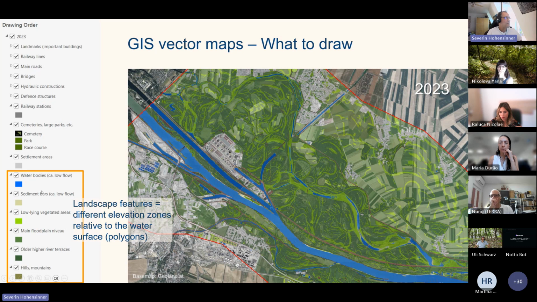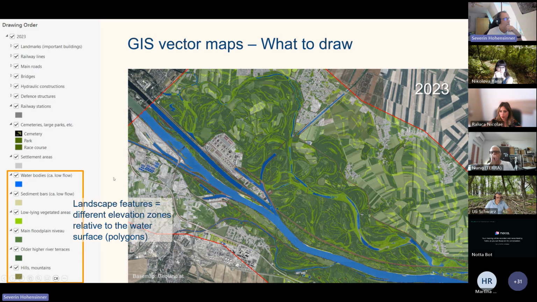And we always want to draw these water bodies and sediment bars at low flow situations so that we can see the sediment bars, because this is also of interest for some ecological questions, and also in former times they were often mapped because they were dangerous obstacles for navigation.